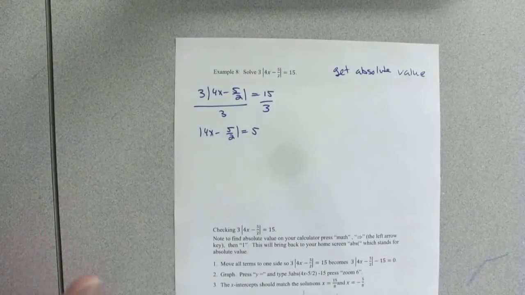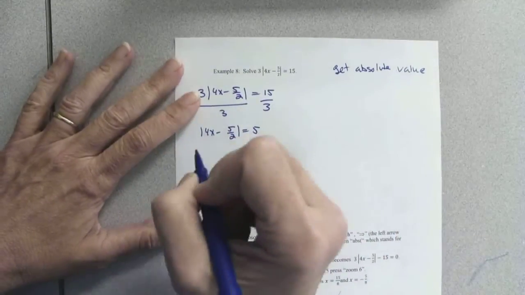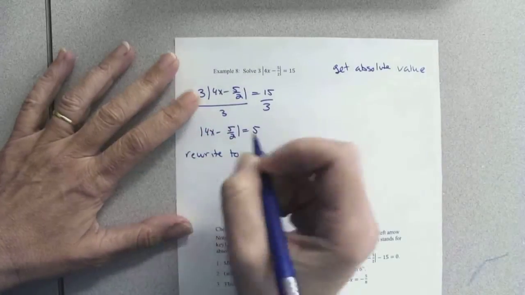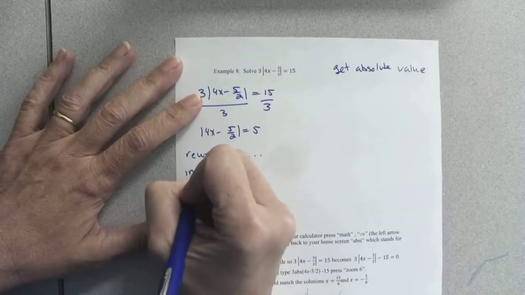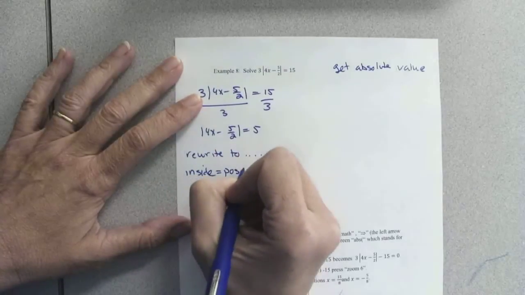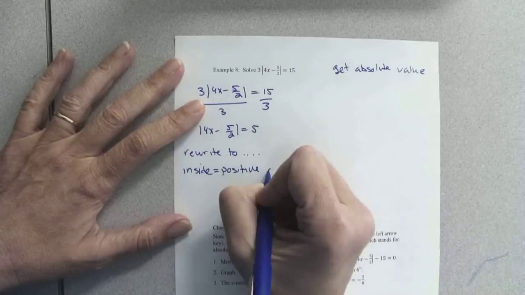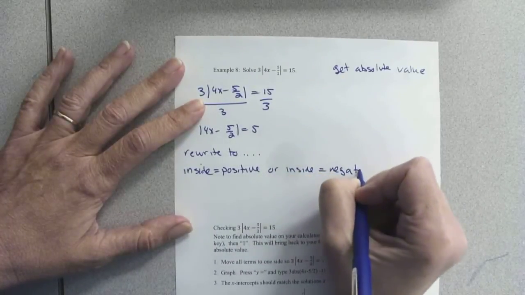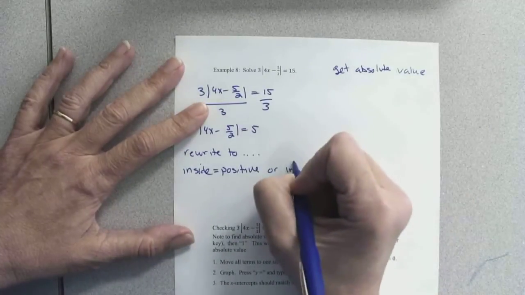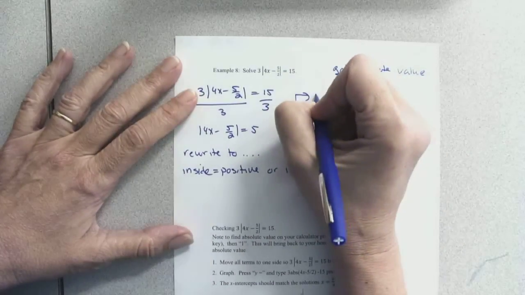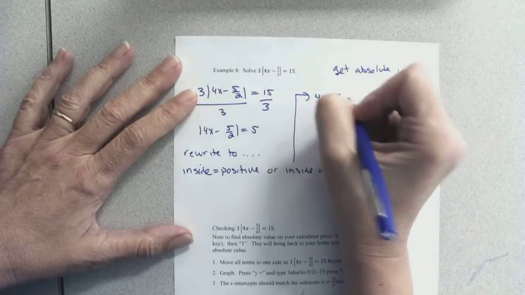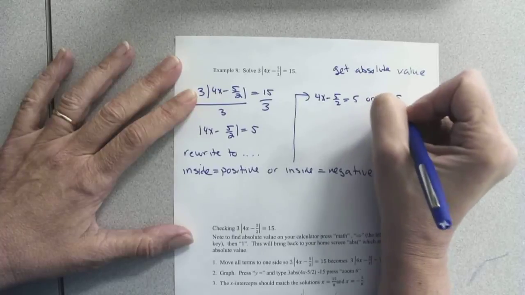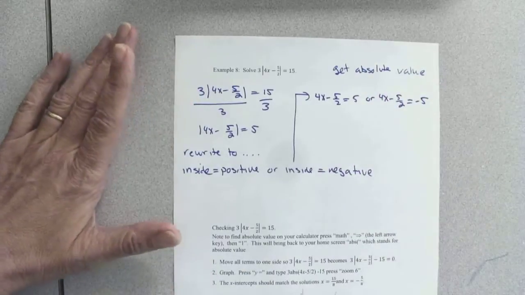And then the critical step, I'm going to rewrite: inside equal positive or inside equal negative. Meaning this: 4x minus 5 halves equals 5, or 4x minus 5 halves equals negative 5.